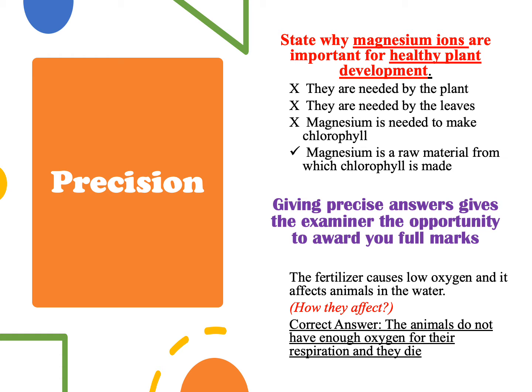A lot of students like to give a general answer such as they are needed by the plant or they are needed by the leaf. Ask yourself why they are needed by the plant or why they are needed by the leaf. You need to use the theory that you have learned during biology lessons to further explain this question.